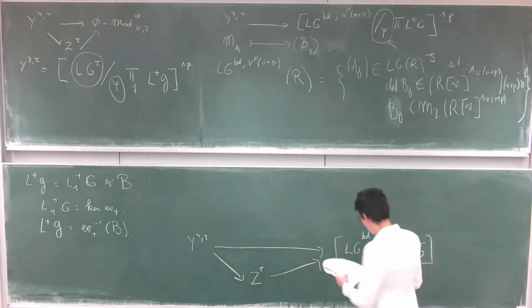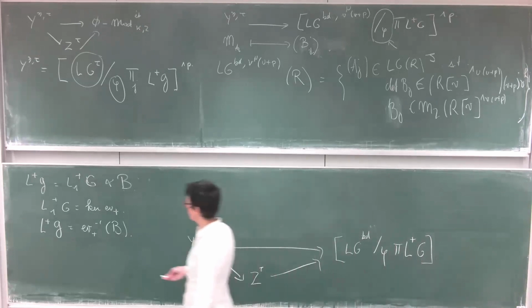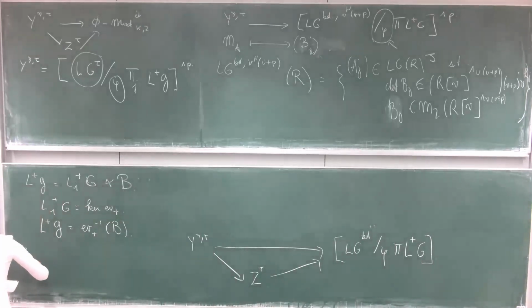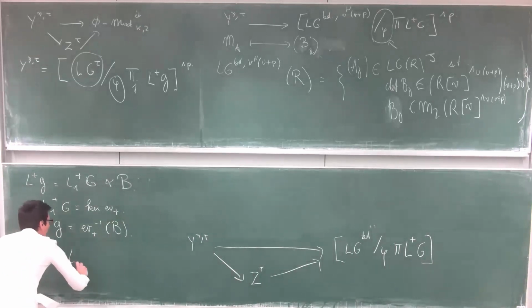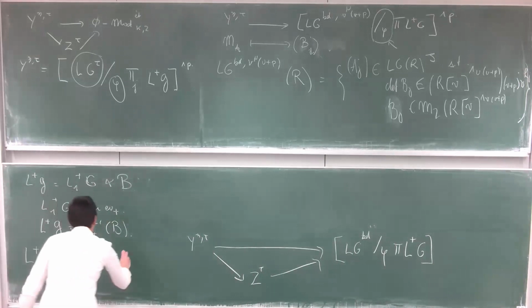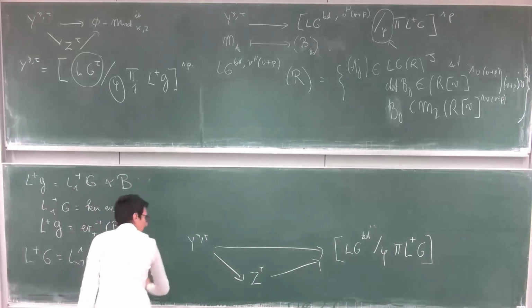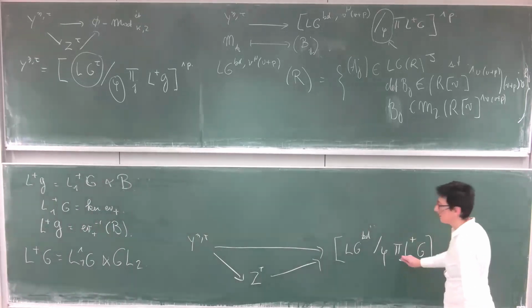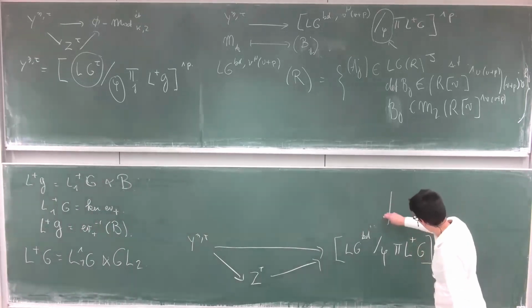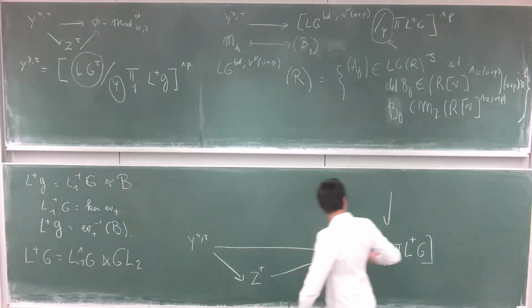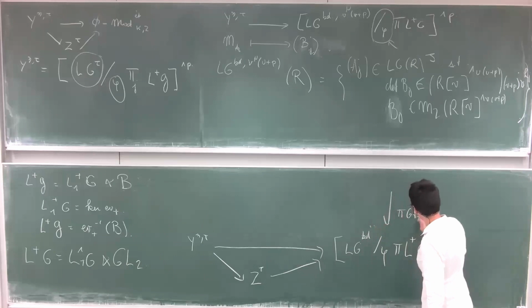And then, since we also have this nice decomposition, L dash is also L1 G plus times G2. So this one, since L plus is this product, you have a nice G2 torsor.